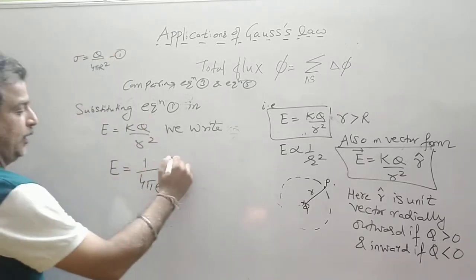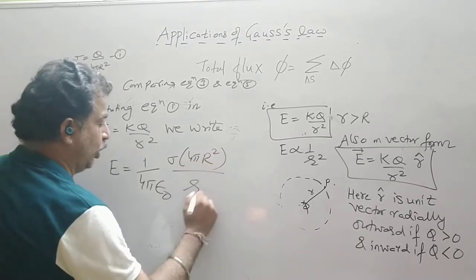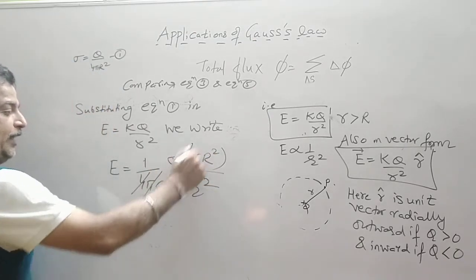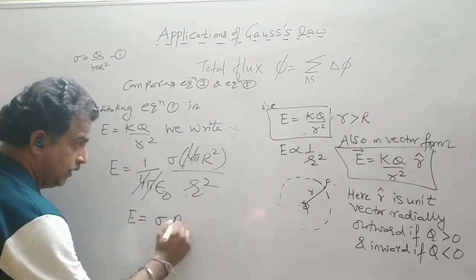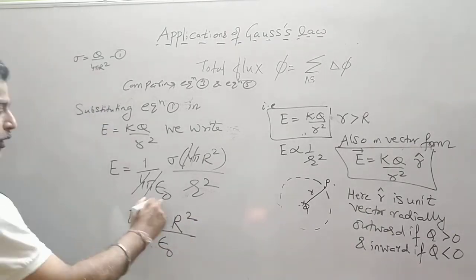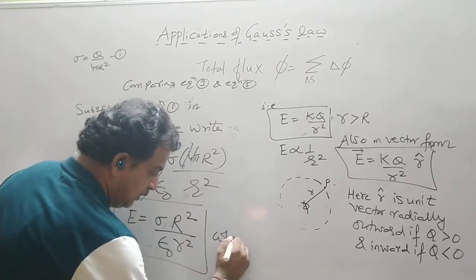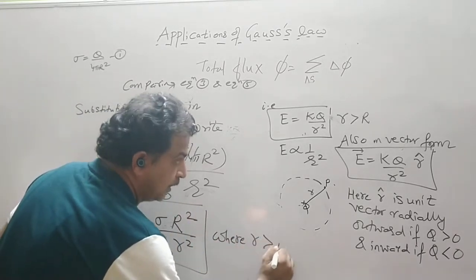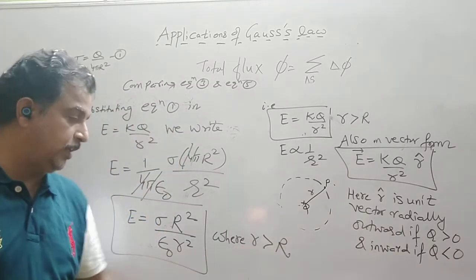Q can be written as sigma into 4 pi R square upon r square. So this 4 pi gets cancelled. So another form of this equation is sigma R square upon epsilon naught r square, where r is greater than the capital R. That is, we are outside the spherical shell.